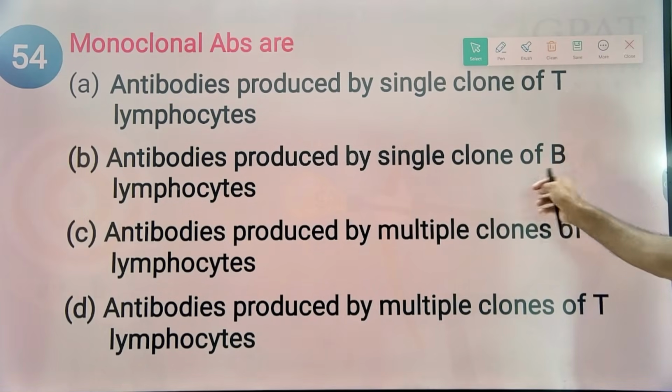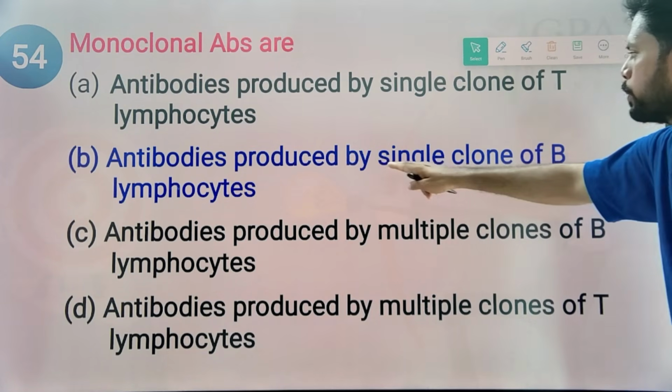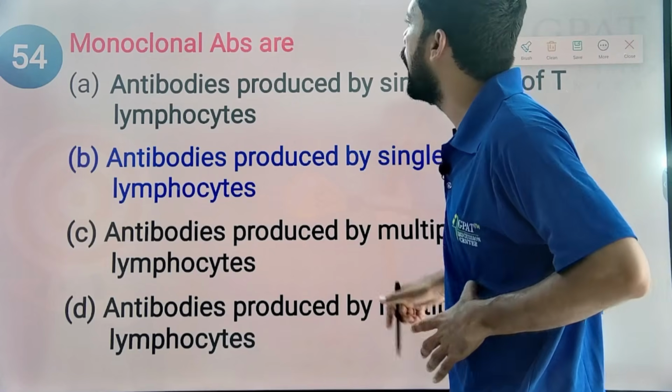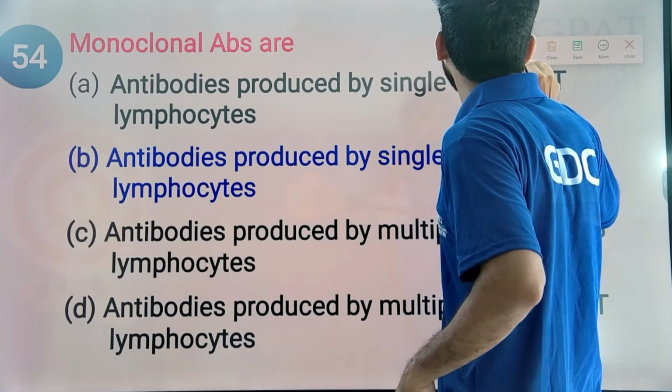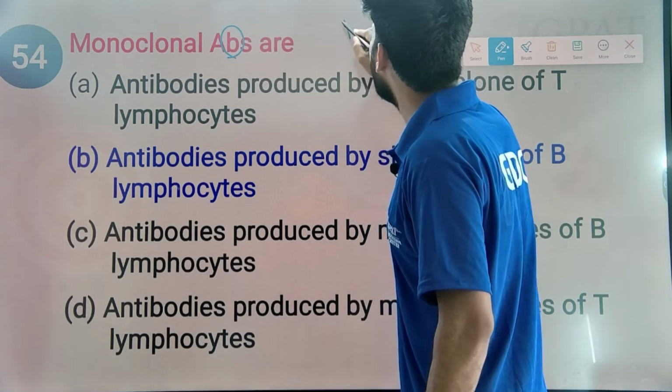They are especially produced by immune system components, like antibodies produced by a single clone of B lymphocytes. Remember, antibodies are released from the B cells.